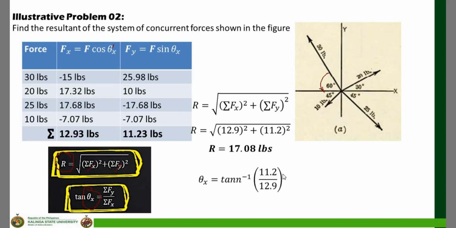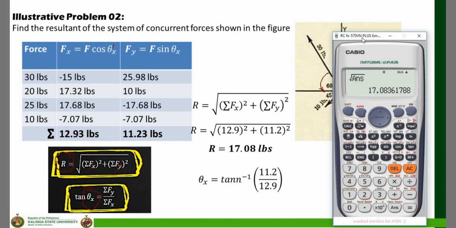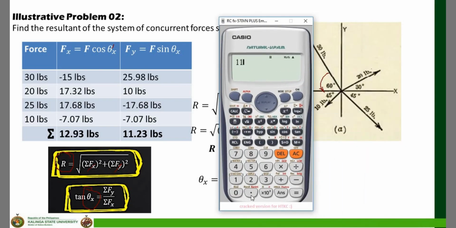So, in this case, I rearranged it so that I can get theta x. My summation of Fy is 11.23, divided by Fx, 12.93.